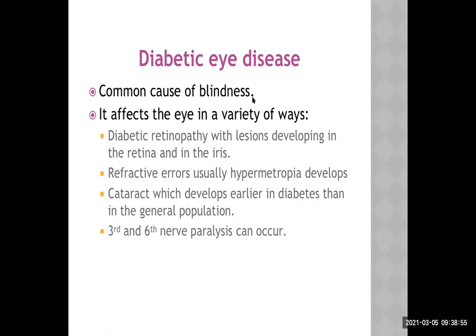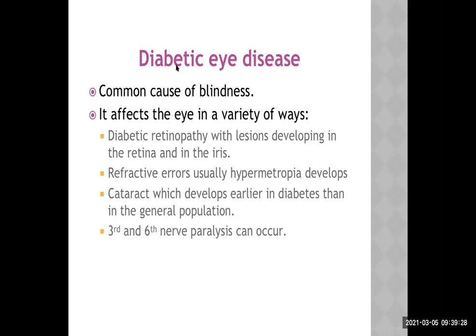There is an area in the retina known as the macula, and the fovea centralis is in the macula. If edema occurs in the macula, there is acute loss of vision. There is hemorrhage in the retina, necrosis of the nerve fibers in the retina, and detachment of the retina. All these are causes of blindness caused by diabetic eye disease.